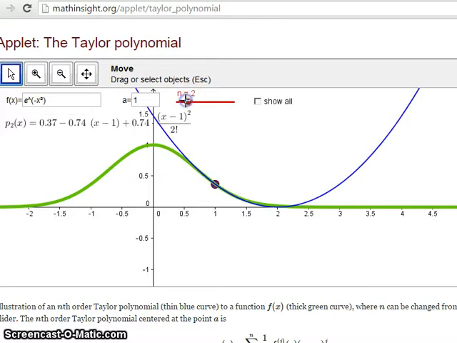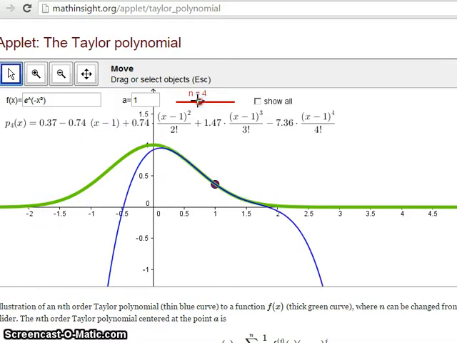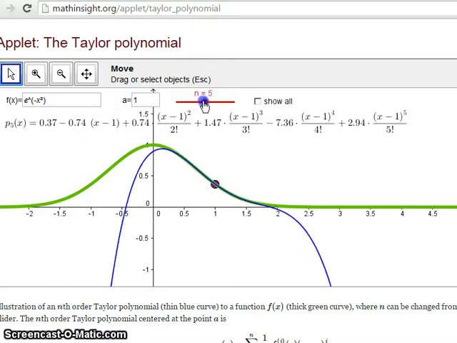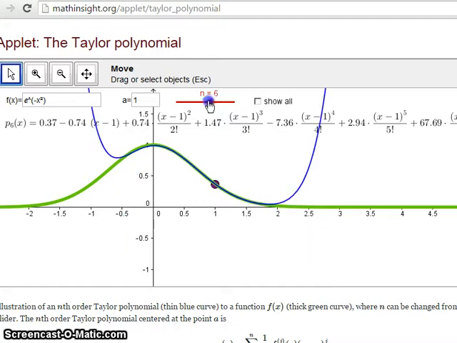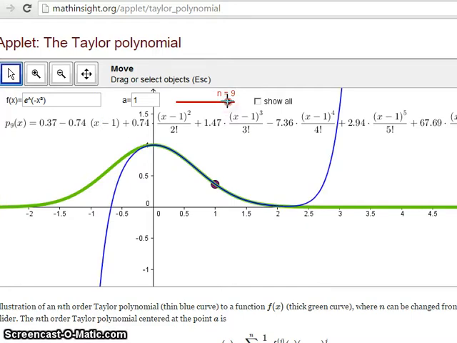But we can increase again, and now the blue line covers up more of the green line farther away from the point. We can keep increasing, and every time we increase, you'll notice that a little bit more of the green line is being covered by the blue line. So our approximation is getting better and better every time we increase the order of our Taylor polynomial.